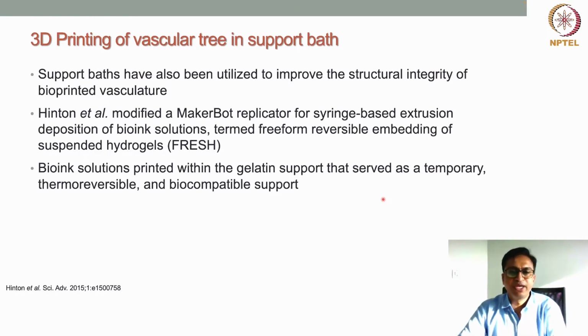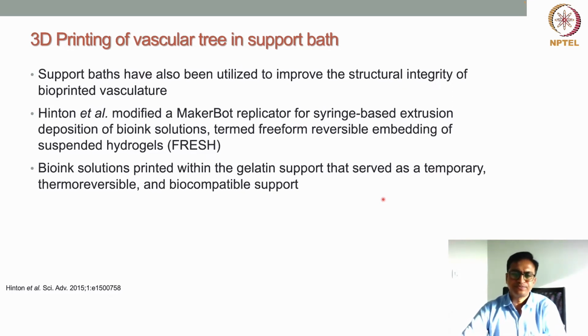They modified a MakerBot FDM printer to house a syringe there, and then they loaded their material in the syringe. In this case, they used an alginate material as a bioink, encapsulating the cells.